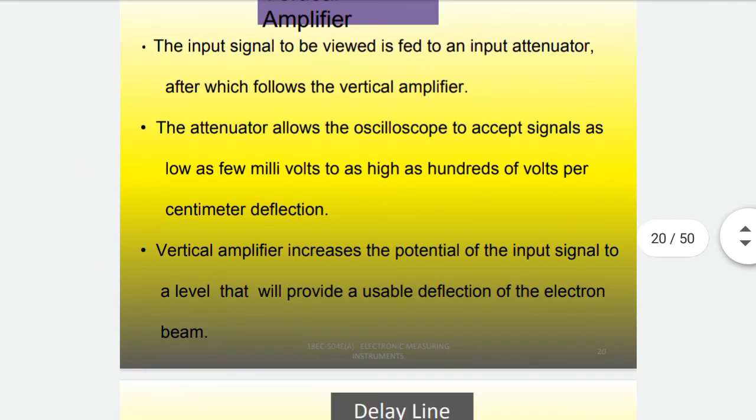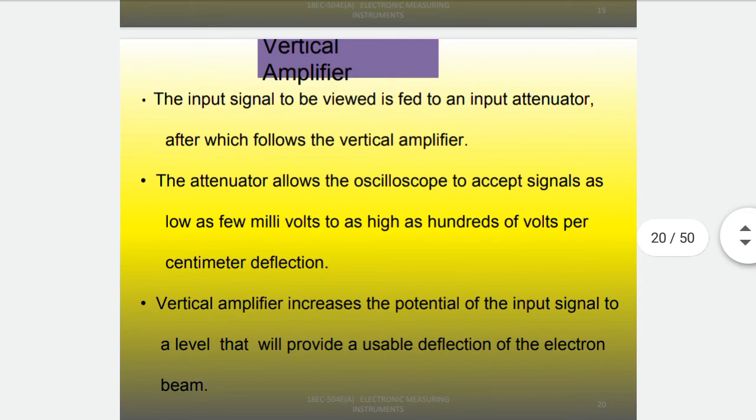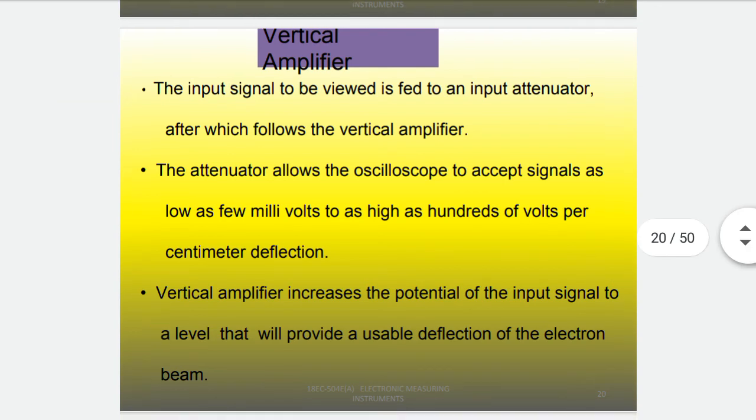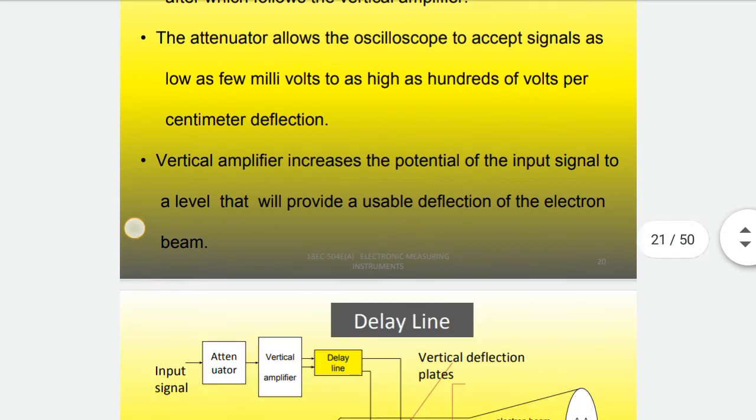The attenuator allows the oscilloscope to accept signals as low as a few millivolts to as high as hundreds of volts per centimeter deflection. The vertical amplifier increases the potential of the input signal to a level that will provide usable deflection of the electron beam.